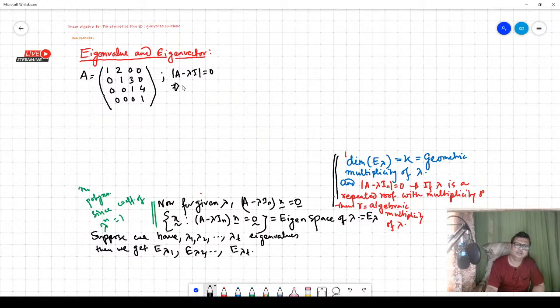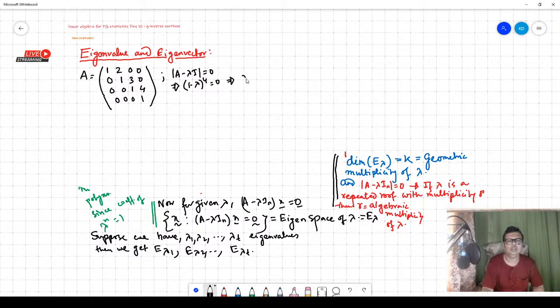Since it is an upper triangular matrix, its determinant is the product of the diagonal elements, so it should be 1 minus lambda whole to the power 4 equal to 0.